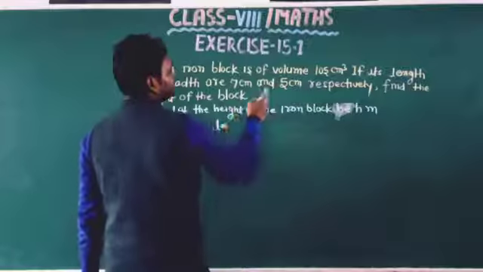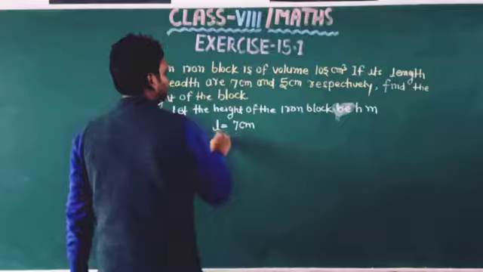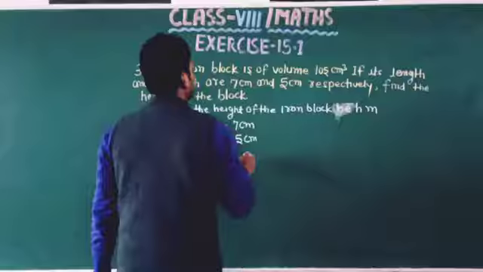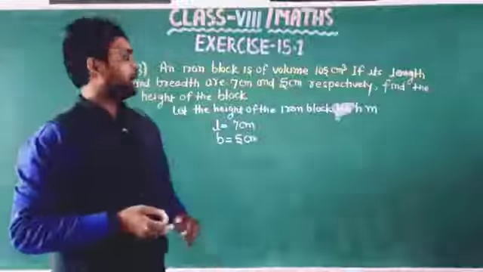Then length is given 7 centimeter, breadth equals 5 centimeter. Okay, and we have to find the height of the iron block.